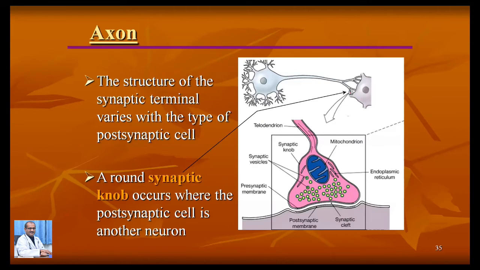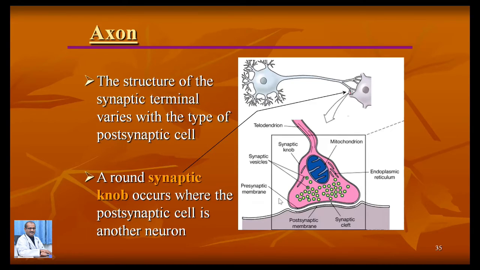The axon contains many structures, especially the synaptic knob, which is elongated here. The structure of the synaptic terminal varies with the type of postsynaptic cell. This is an axon going to join with the effector cell, this is a telodendron, and this is the synaptic knob with mitochondria. These small granules are the synaptic vesicles. It also contains parts of the cell like ER and ribosomes.